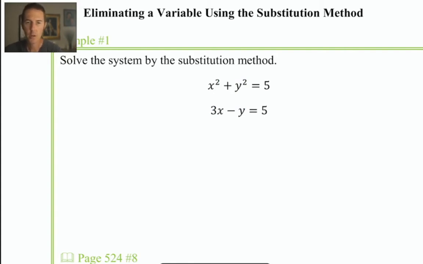None of those are like terms, so there's no adding or subtracting those to or from each other. So let's go ahead and start modifying this and making it workable. I'm going to call these equations 1 and 2 as usual, and I'm going to start out by taking equation 2 and solving it for y. Let's make it say y equals. I will subtract 3x from both sides.